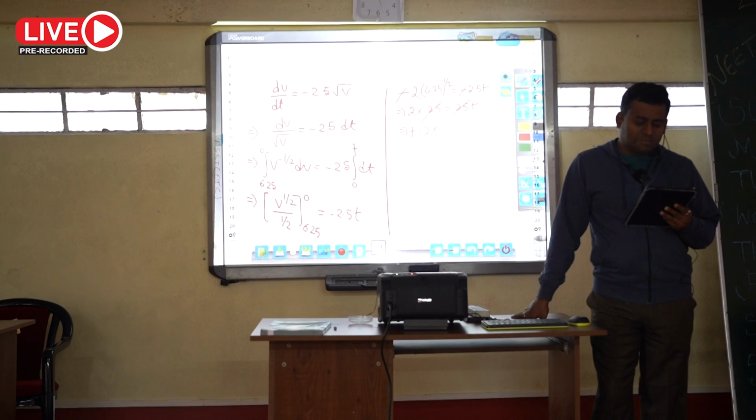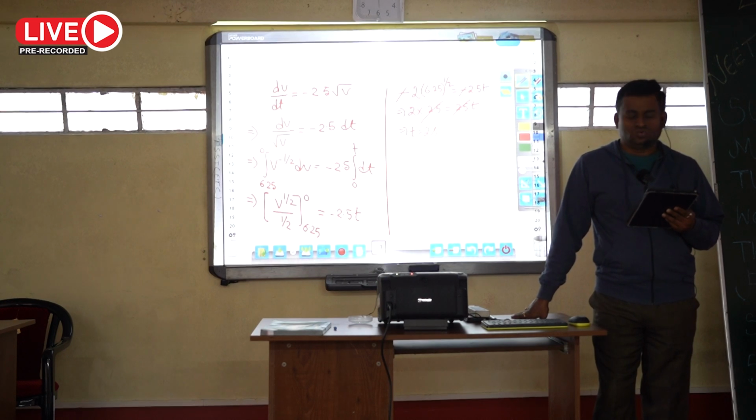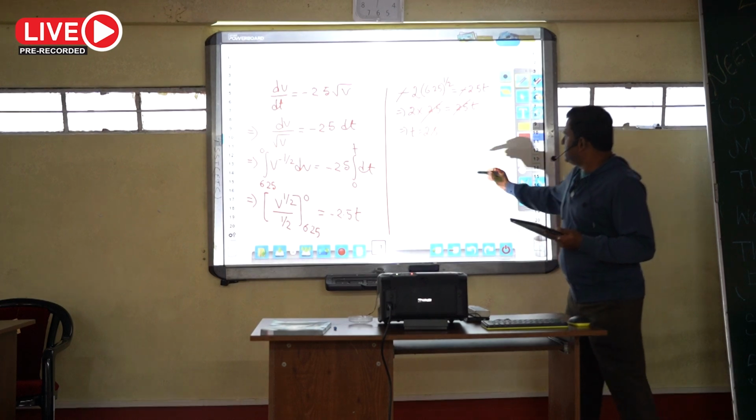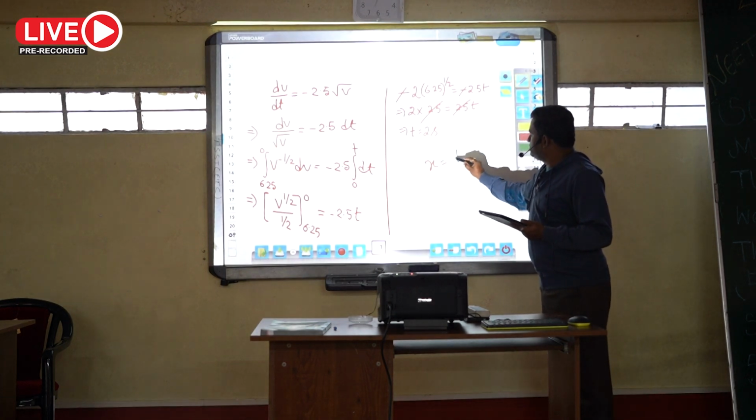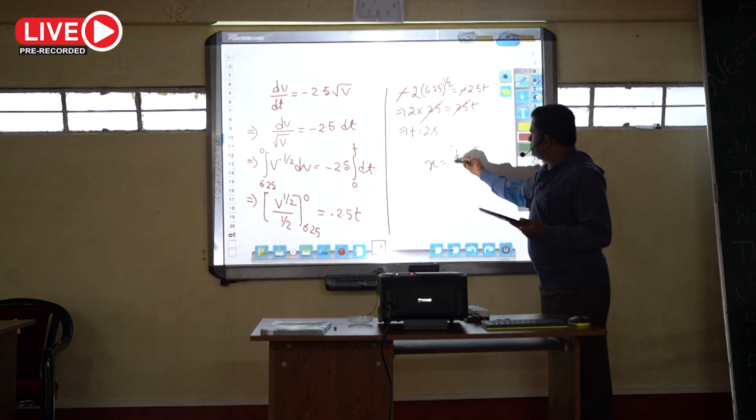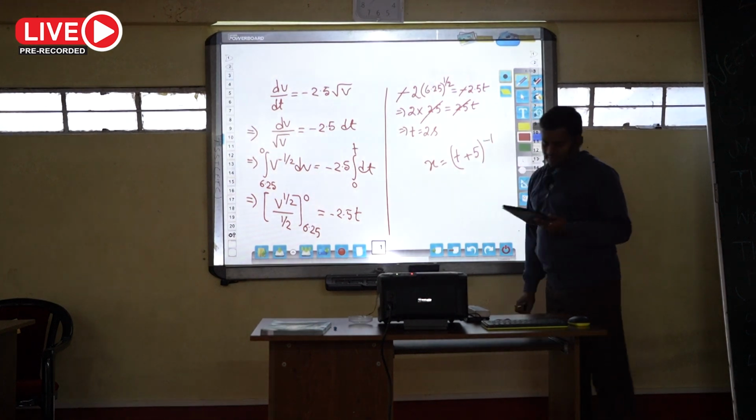The acceleration of the particle is proportional to, this is like this, x equal to (t plus 5) to the power minus 1.